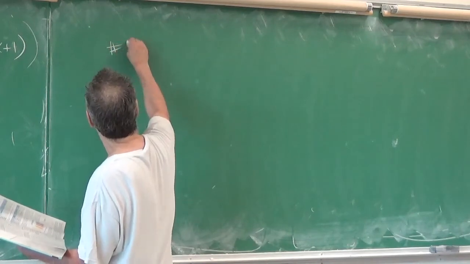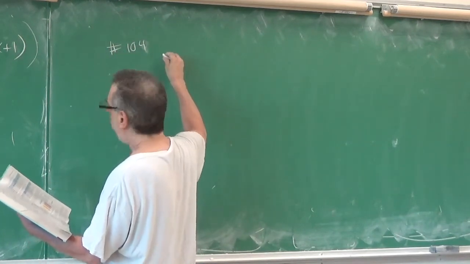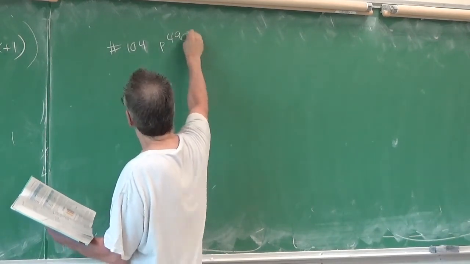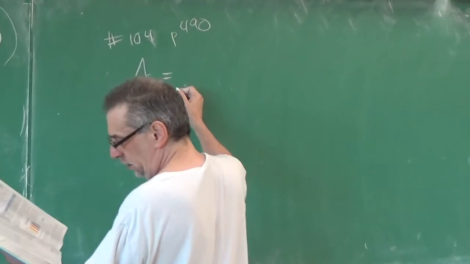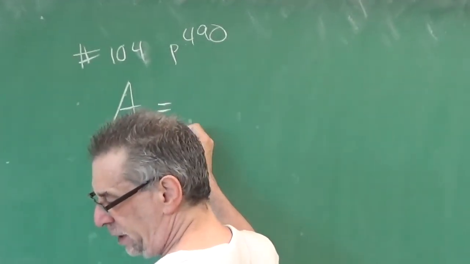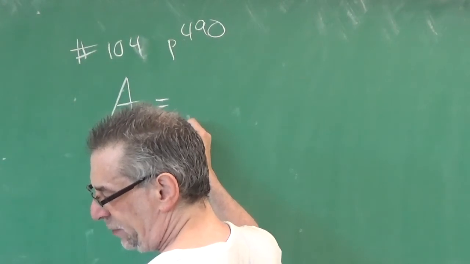So this is number 104 on page 490. And it says the formula is given here for the population of Texas in millions T years after 2010.